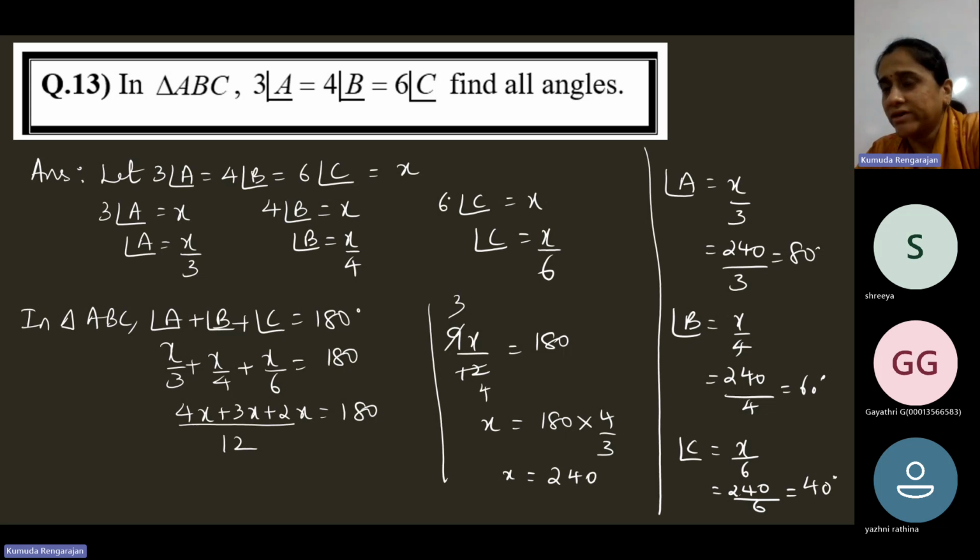So let each of them be equal to X. So that means what? Thrice of angle A, 3 into angle A is equal to X.